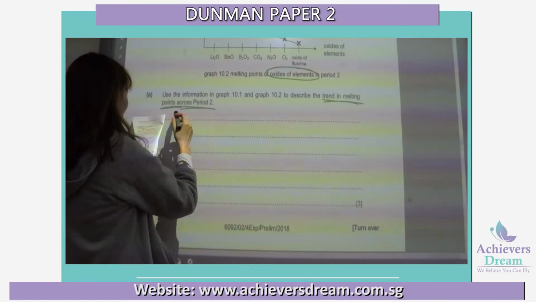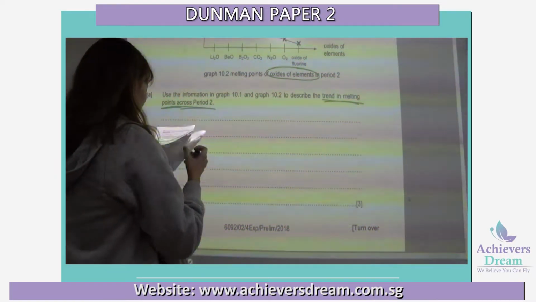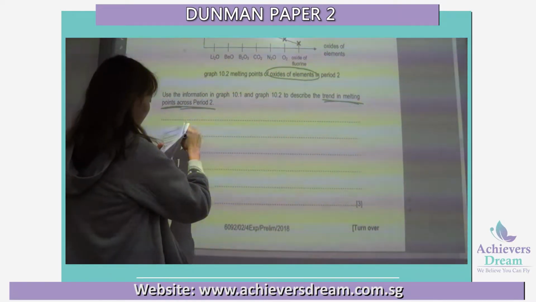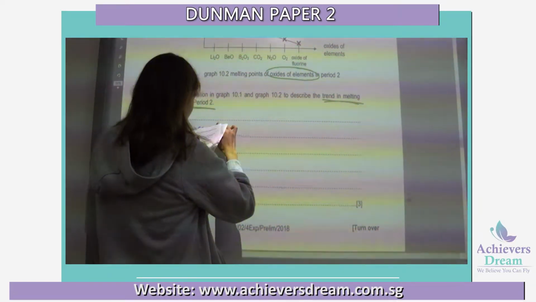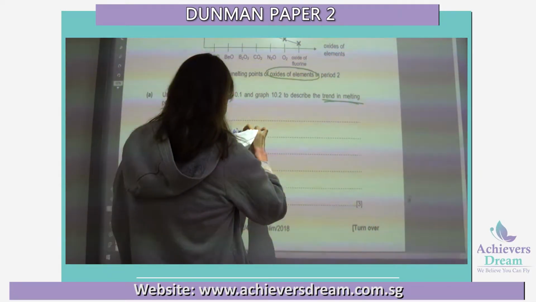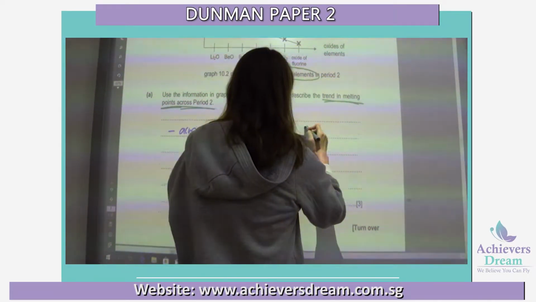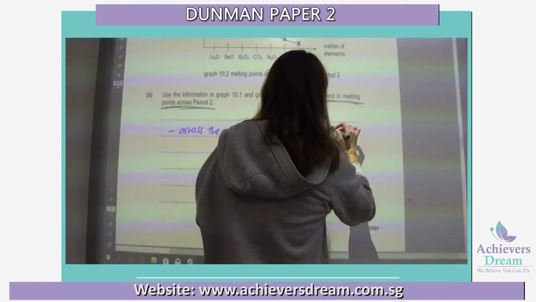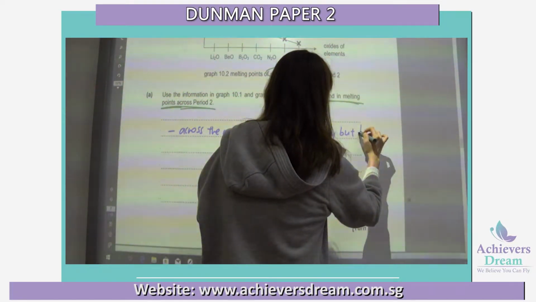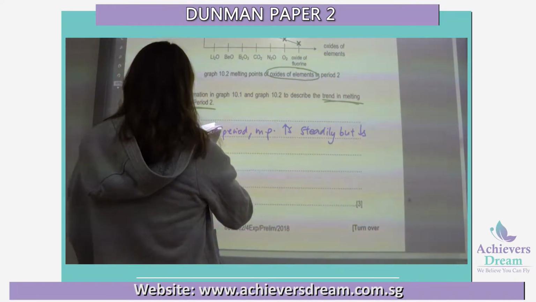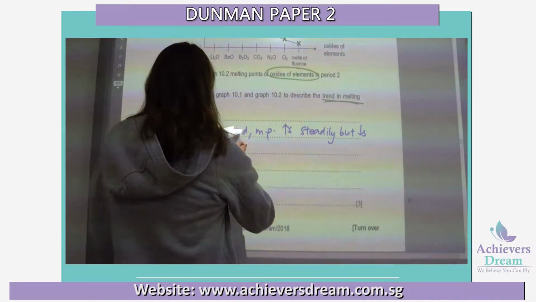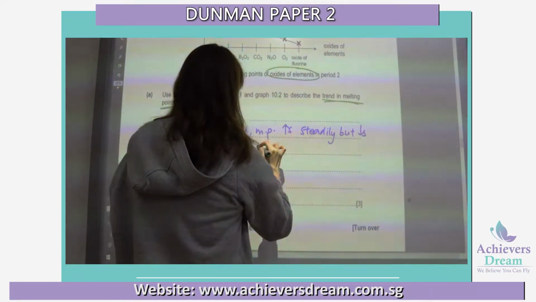So from graph 10.1, across the period, your melting point increases steadily but decreases sharply after carbon, correct?